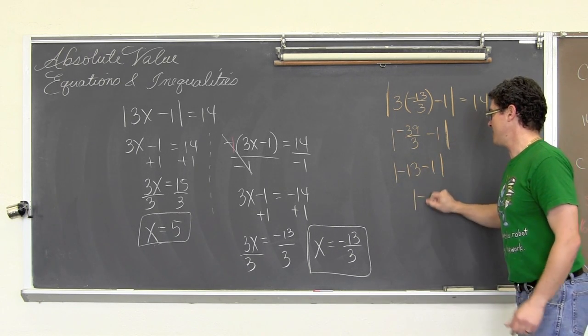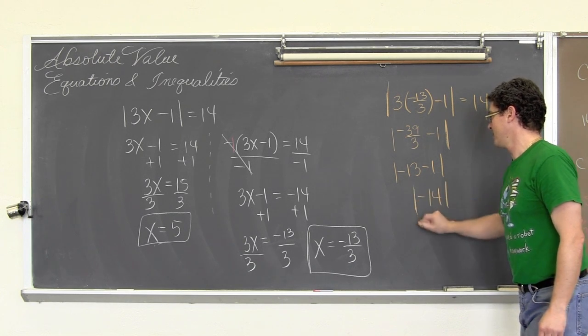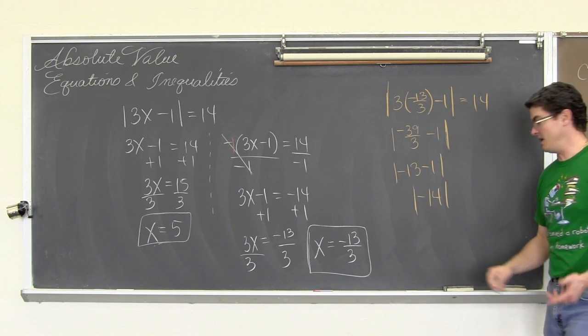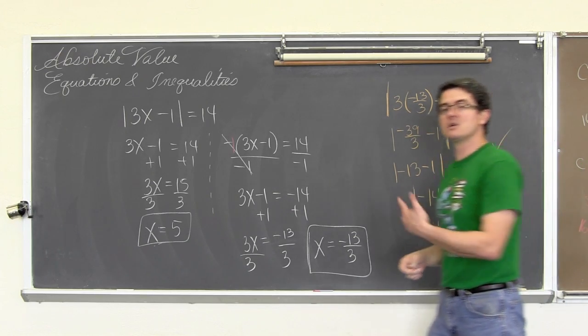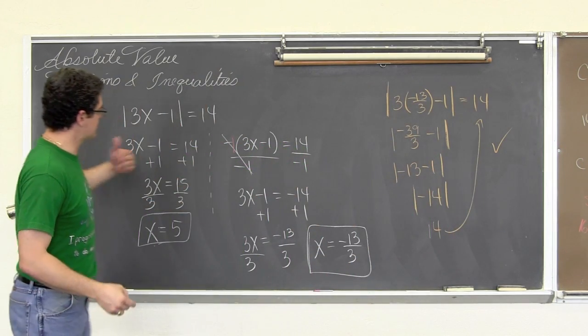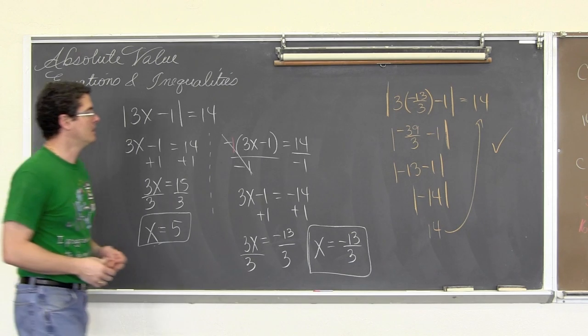That comes out to be the absolute value of negative 14, and the absolute value of negative 14 is positive 14. So we have a check there as well. So we have a solution and they both checked out.